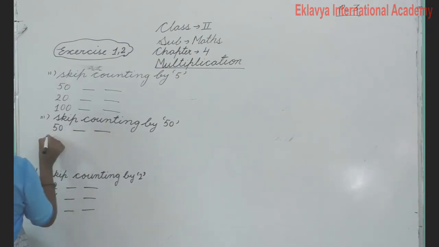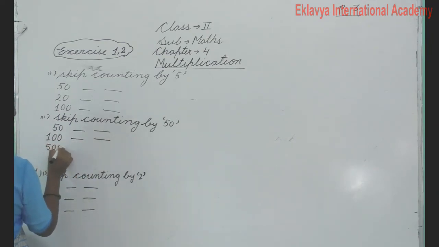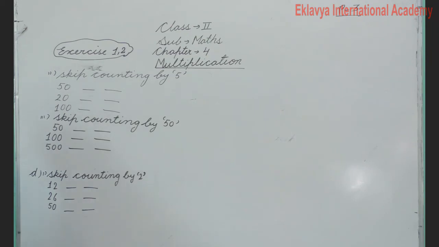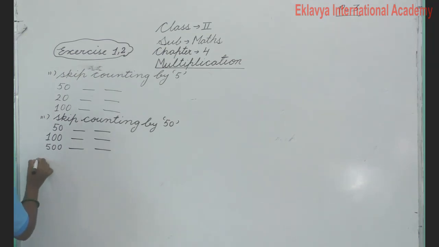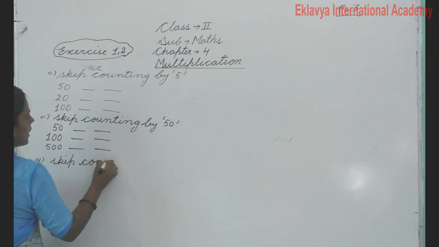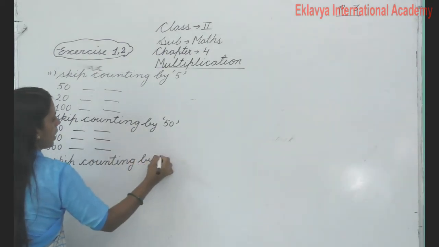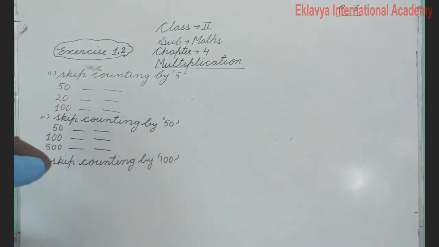I have given like this type: 50, 100 and 500. Okay. Next, 4, skip counting by 100.